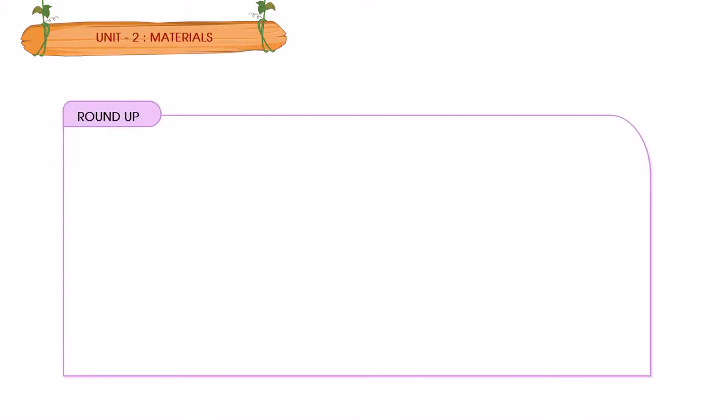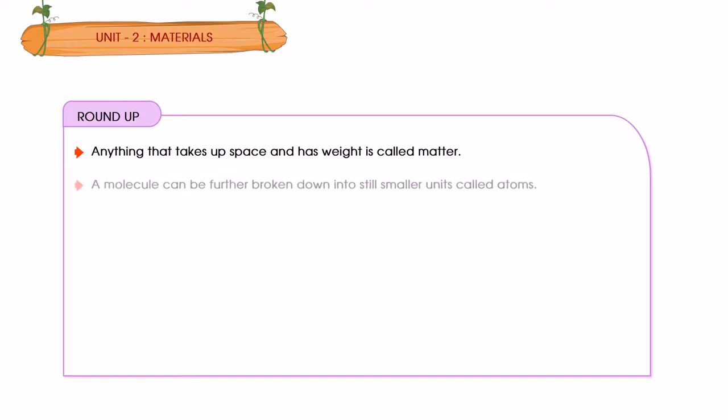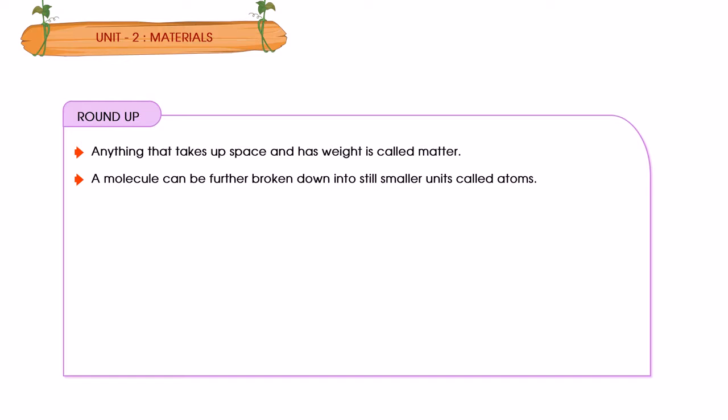Roundup. Anything that takes up space and has weight is called matter. A molecule can be further broken down into still smaller units called atoms. Different things have different kinds of molecules, which are arranged differently.